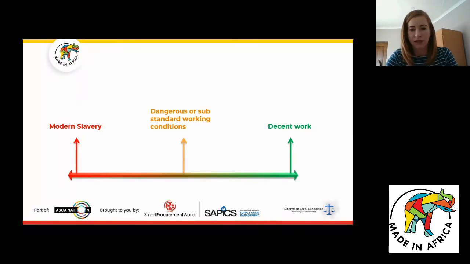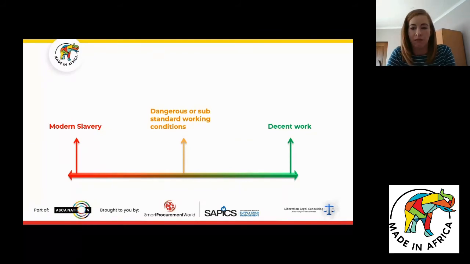At the other end of the spectrum lies modern slavery, where employees cannot refuse or stop work because of the use of force, threats or perceived threats of harm, intimidation or coercion, or physical restraint to that person or another person. In the middle is where we find the gray area, which can increase a company's potential risks of modern slavery, as it is a short, slippery slope from here to modern slavery if it is not rectified.